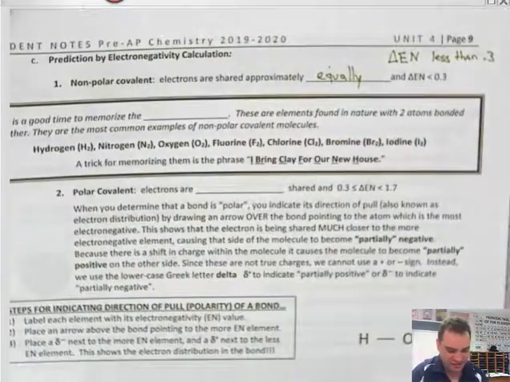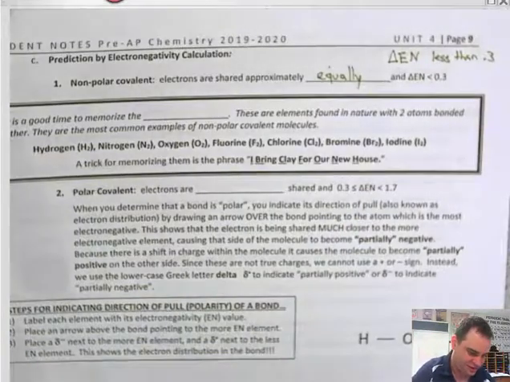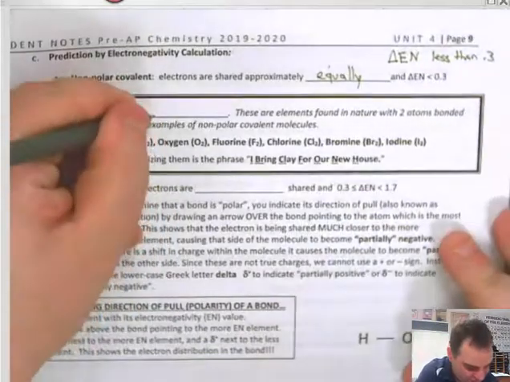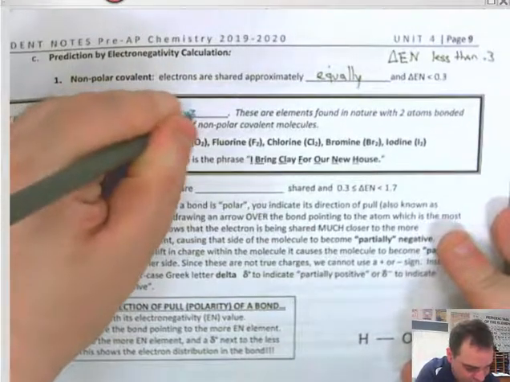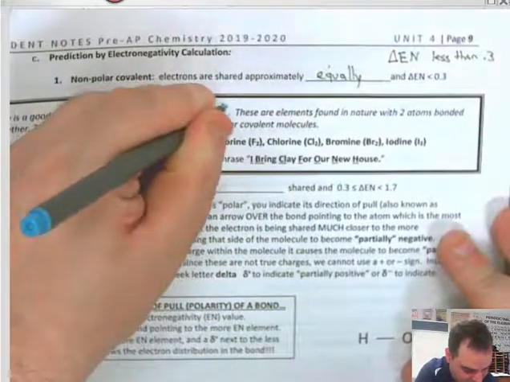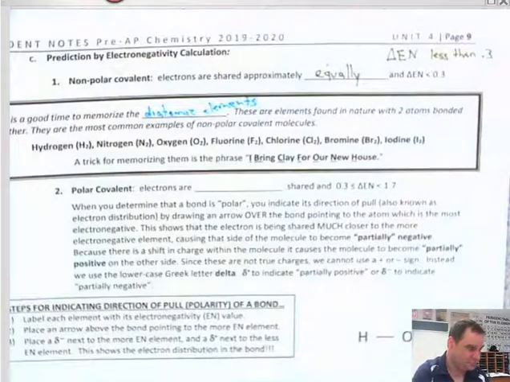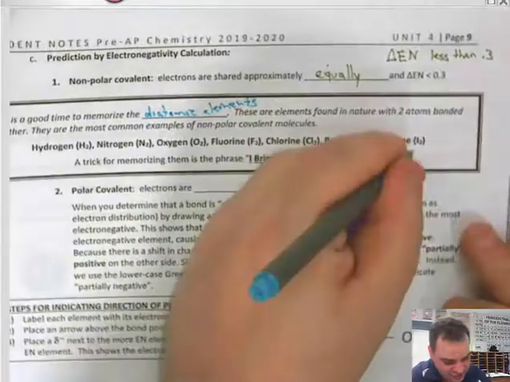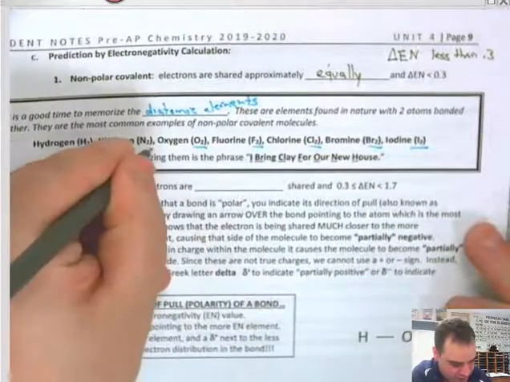Now is a great time to memorize the diatomic elements. These elements are so electronegative, they do not like to be by themselves. There are 7: iodine, bromine, chlorine, fluorine, oxygen, nitrogen, and hydrogen.